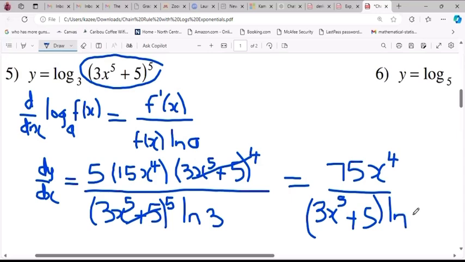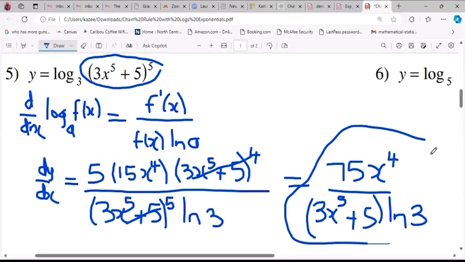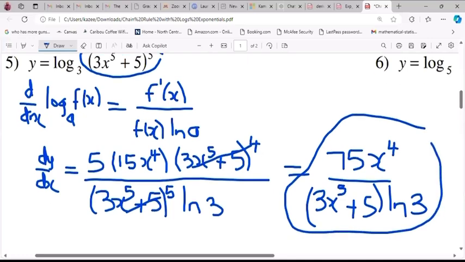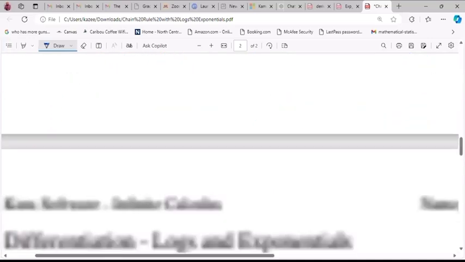So that's going to be the final answer. Let's see what the answer key says about question 5.